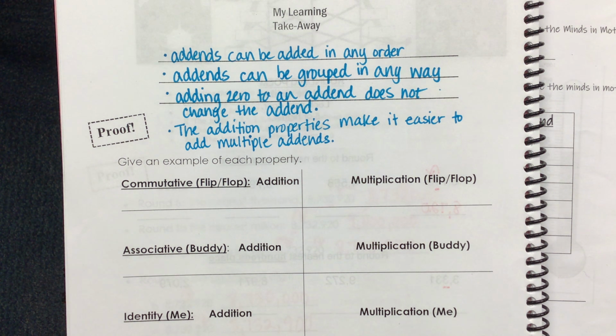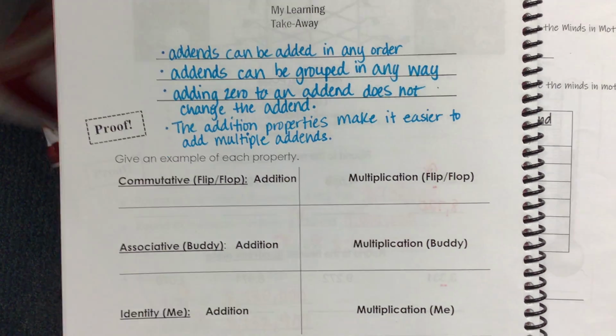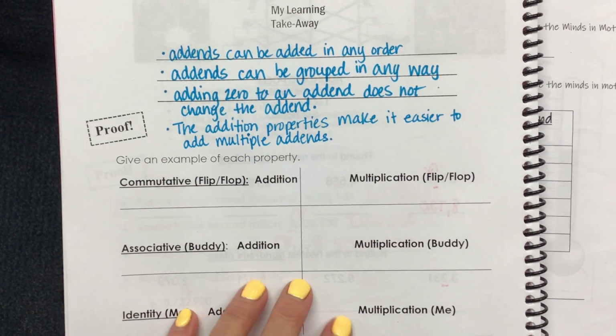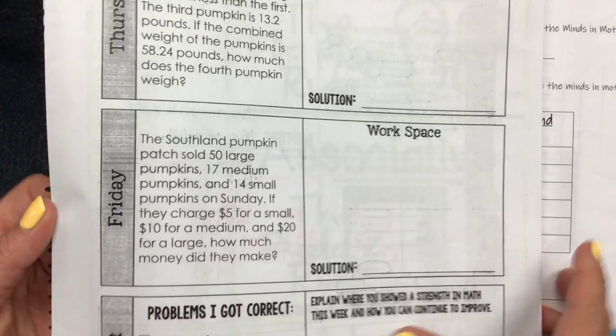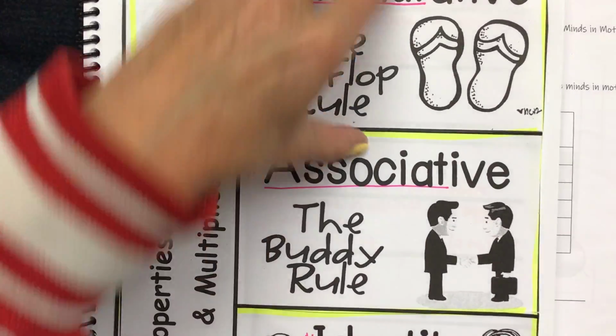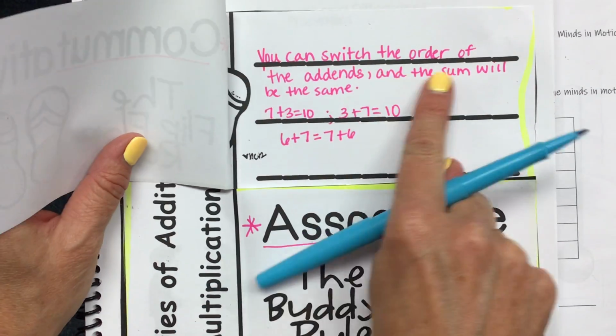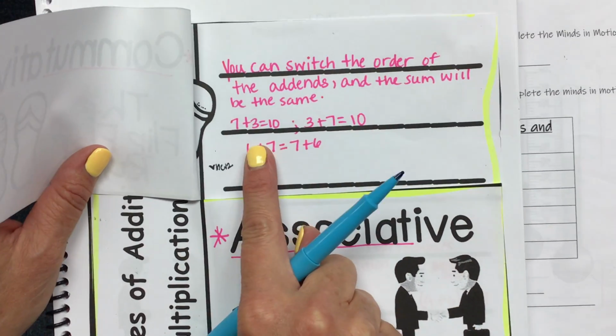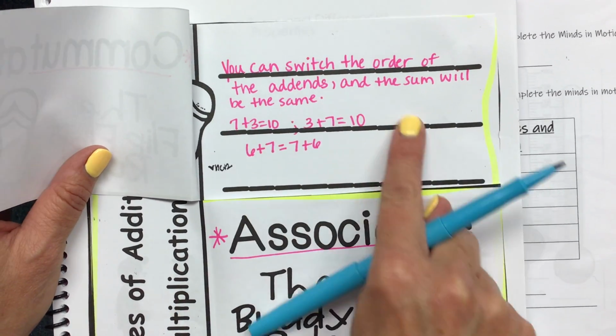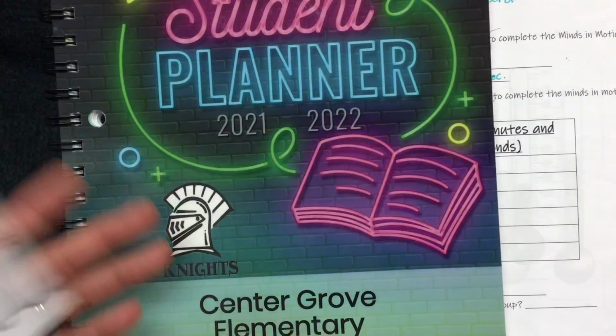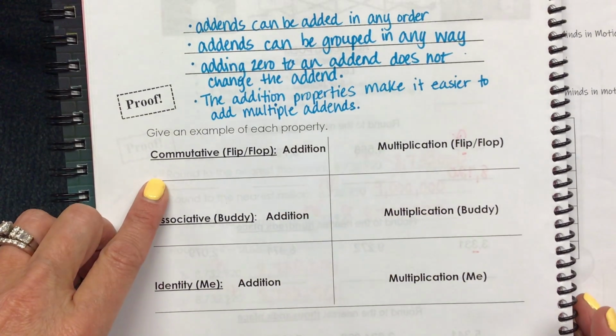Okay, who can give me an example of a commutative property of addition? If we look back here, remember the commutative property, the flip-flop rule says you can switch the order of the add-ins and the sum will be the same. Who can give me an example to put here on page 33?